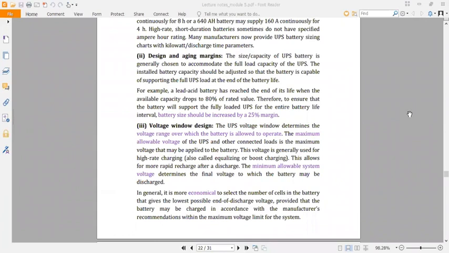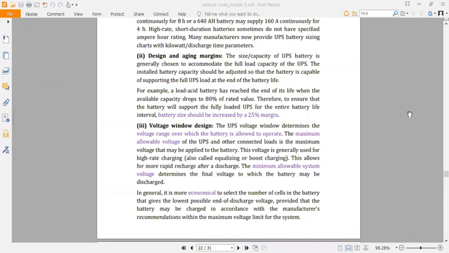It means there is a certain range for the voltage, and within this range, we are able to supply the power from the battery. So there is a range. That means there is some minimum voltage and the maximum voltage. And between this minimum and the maximum voltage, we are supplying power to the load. That is voltage window design.